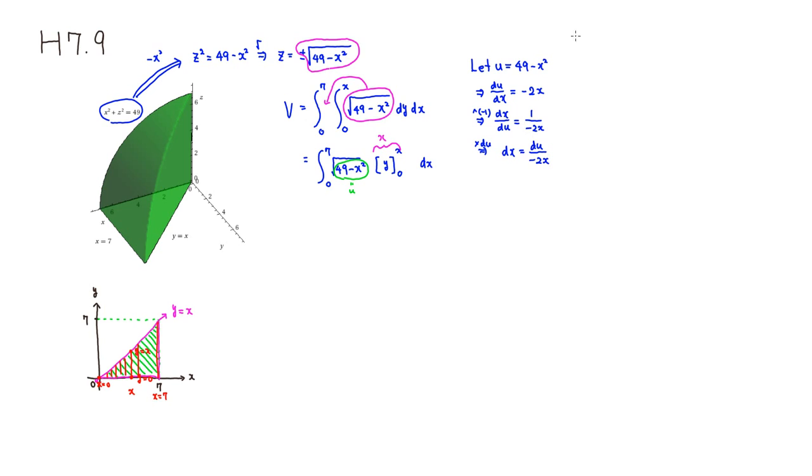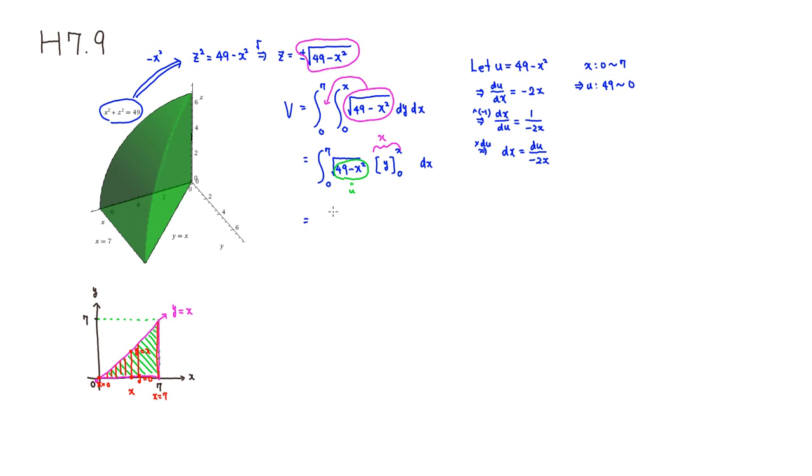Also, this is a definite integral, so x is going from 0 to 7. If you convert to u values, plugging in 0 you get 49, and plugging in 7 you get 49 minus 49, which is 0.